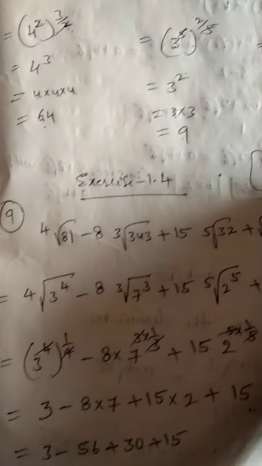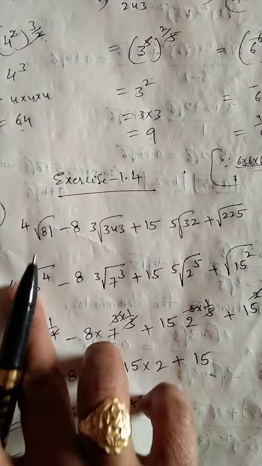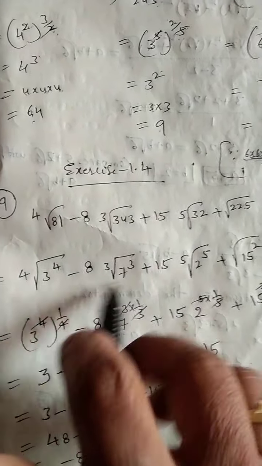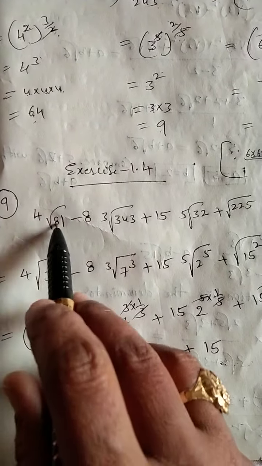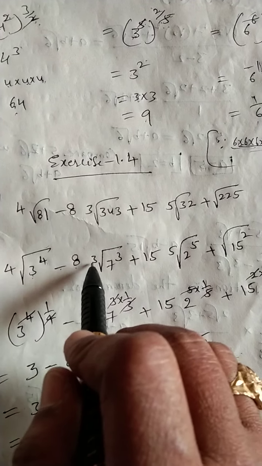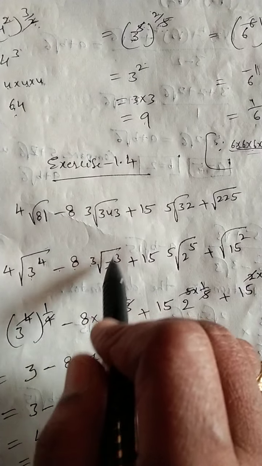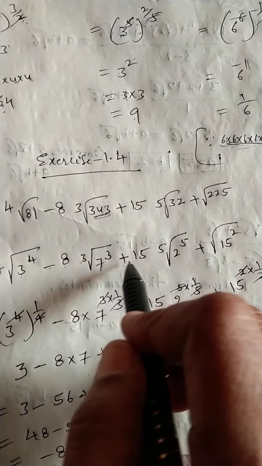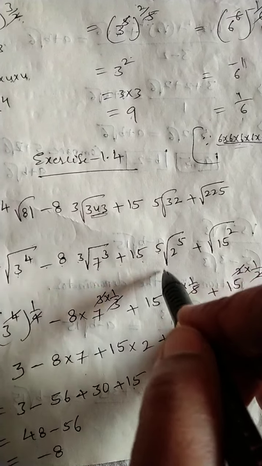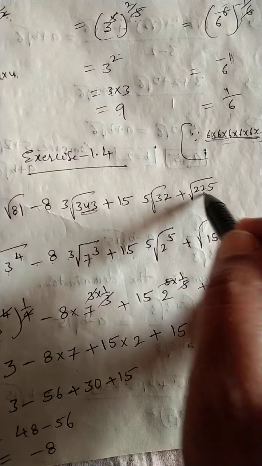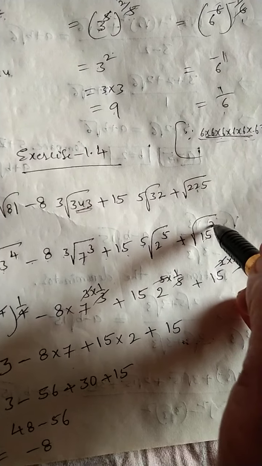Okay. Next, ninth question. In the ninth question, we have to simplify the given expression. See, fourth root of 81 we can write as 3 power 4, minus 8 into cube root of 343, we can write as 7 cube, plus 15 into fifth root of 32, we can write as 2 power 5, plus square root of 225, we can write as 15 square.